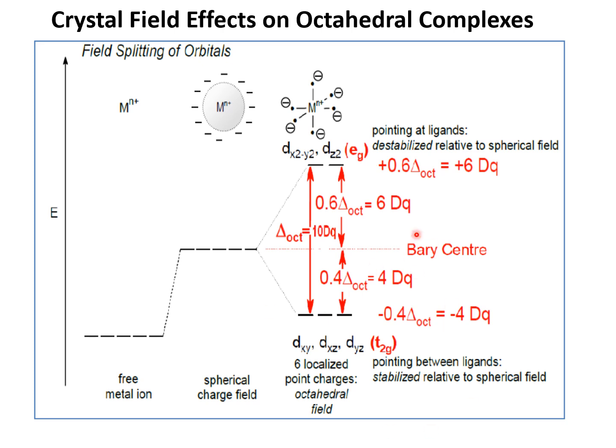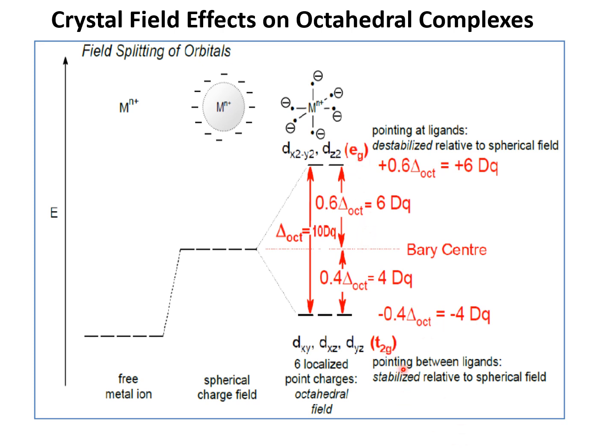In terms of crystal field energy, you can see here a free metal ion in the presence of approaching ligand. This is called a spherically symmetrical or spherical charge field. In the presence of approaching ligands, it is divided into two, T2G and EG. Here T2G is called triply degenerate, EG is called doubly degenerate.